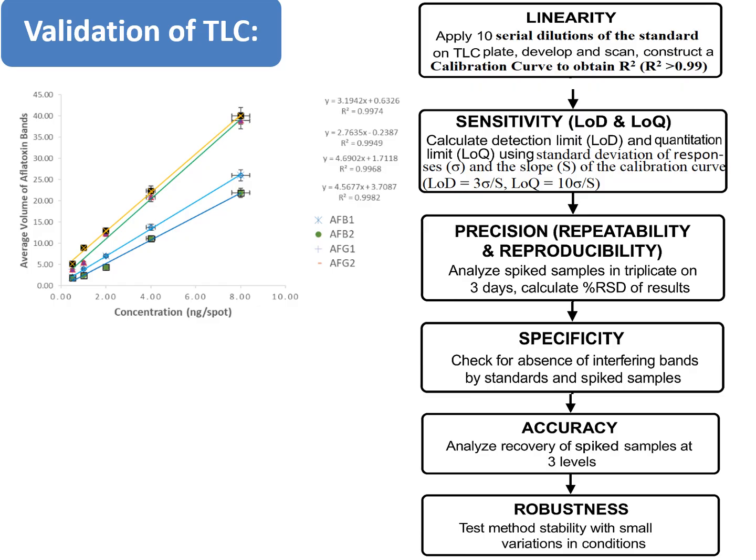Accuracy is usually expressed as a percentage recovery of a known amount of analyte that is added into a sample. Usually, accuracy is obtained by analyzing the recovery of spike samples at 3 different levels.